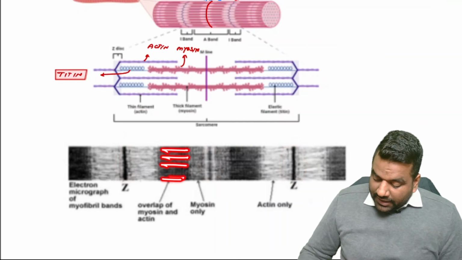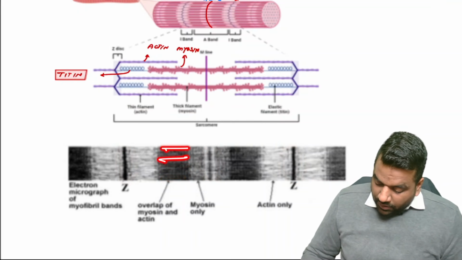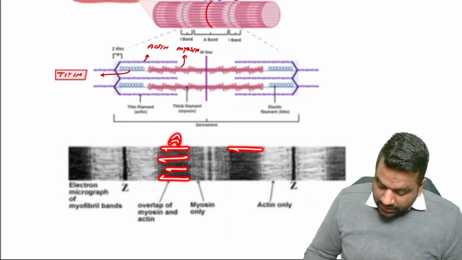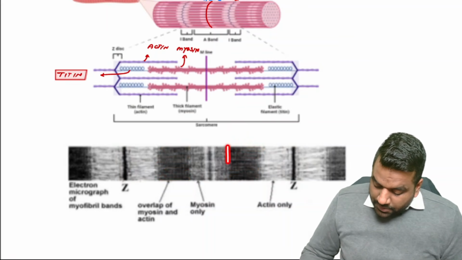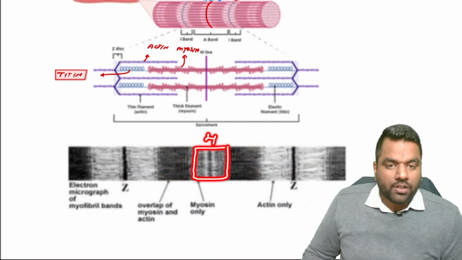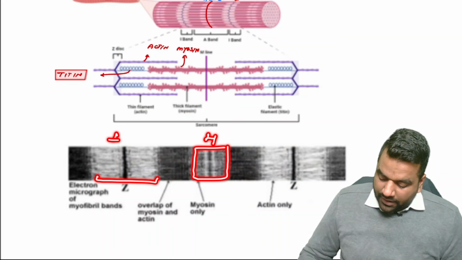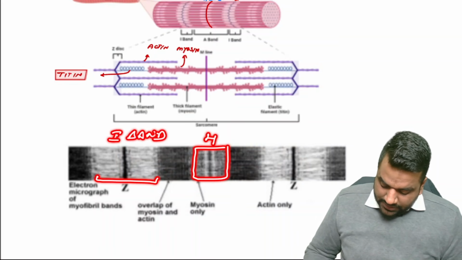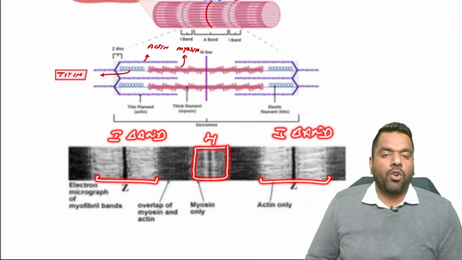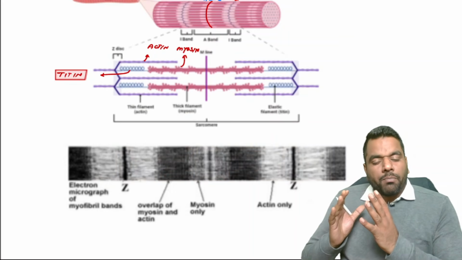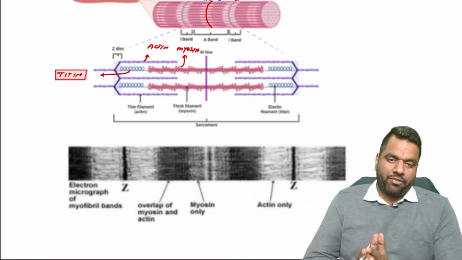This dark zone is your A band, this dark zone is also the A band, and this middle zone is your H zone. And this is your I band, and this is also your I band. So I hope now nobody will forget how the sarcomere looks on electron micrograph, right guys?